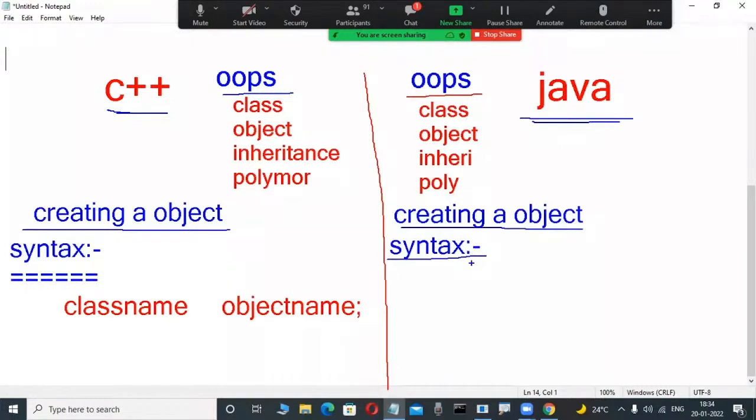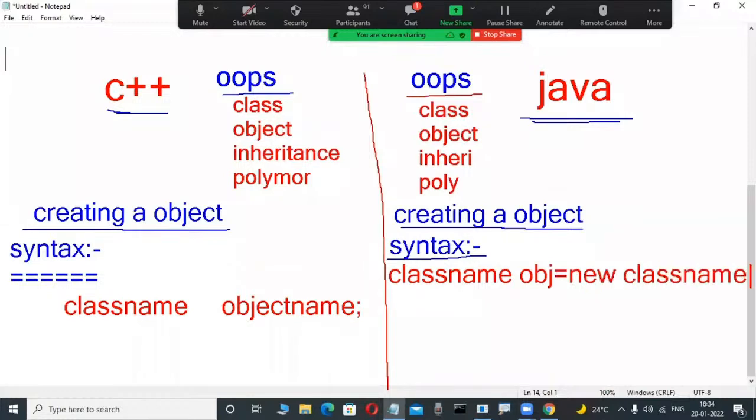Yes, very good, some are telling correct. Class name, space, object name equals new class constructor. Is some other syntax there or not? Observe here. That's why these two languages are syntactically different or same? Different. Syntactically different.